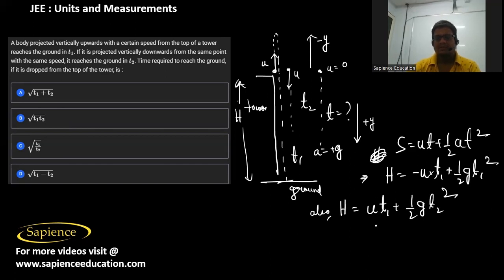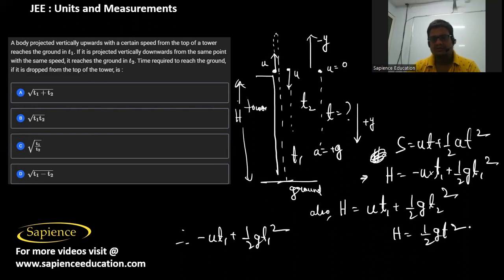These two are the same. And when it is dropped, h will be equal to half g t square, since u will be 0 when it is simply dropped.